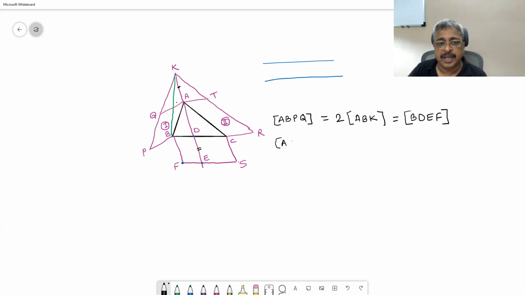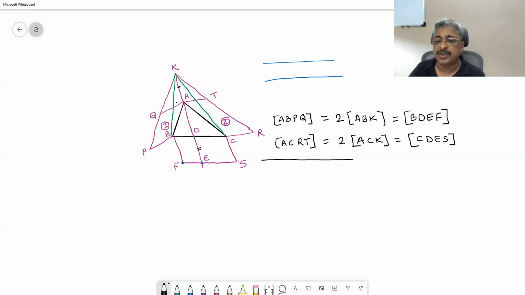Area of ACRT happens to be equal to 2 times area of triangle ACK, which is equal to area of CDES. Okay.